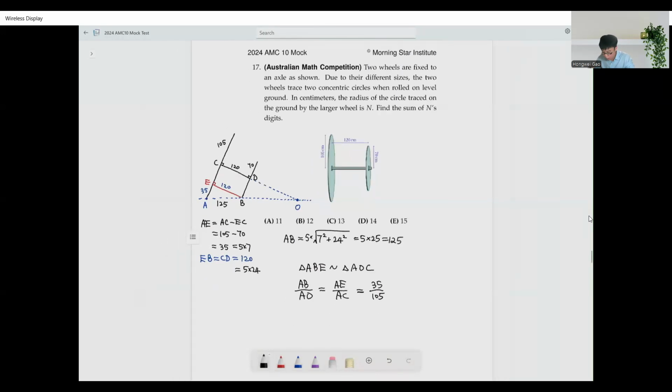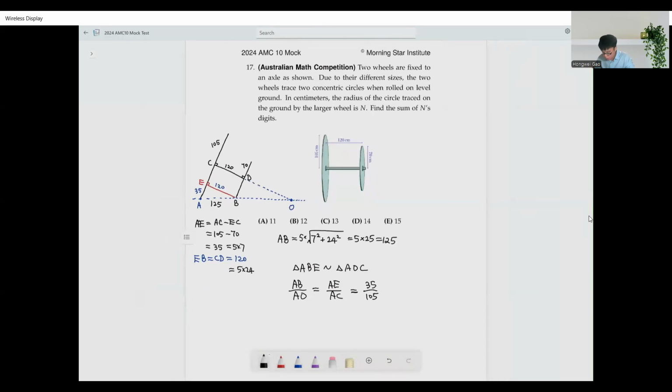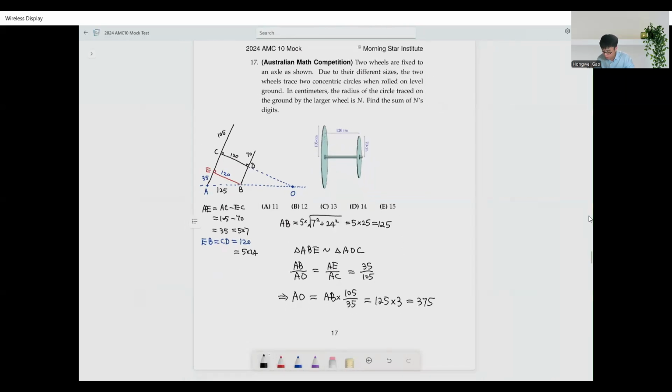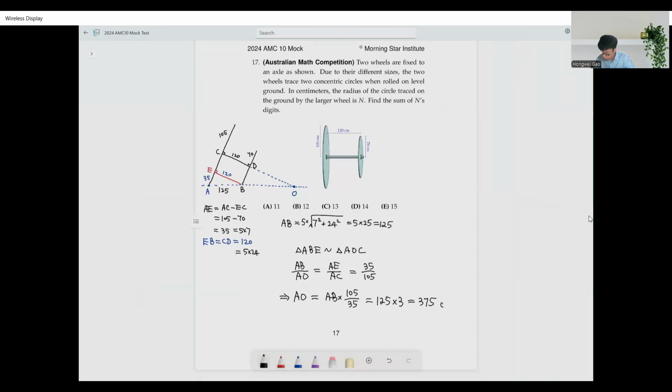Now we already know AB equals 125, so we can solve AO. See, AO is AB times 105 over 35, which is 125 times 3, which is 375. So that means the radius of the larger circle is 375 centimeters.